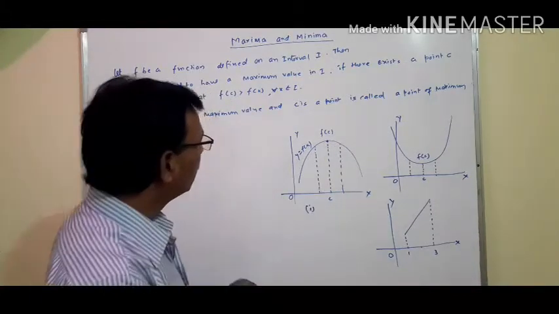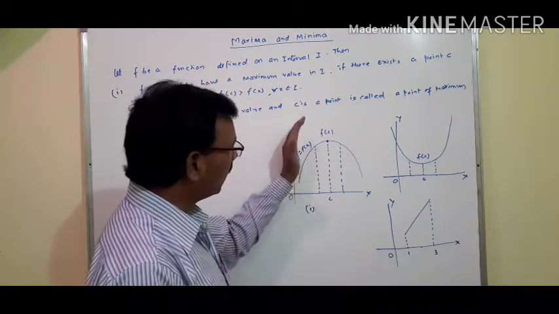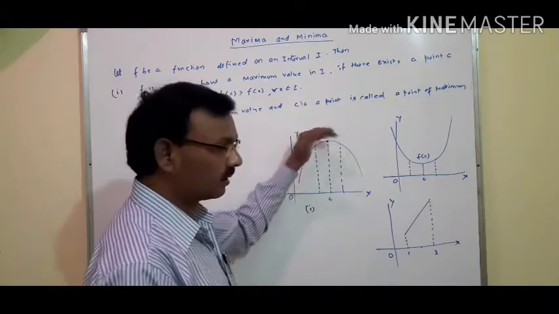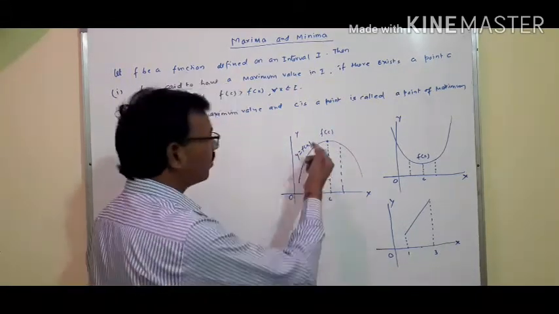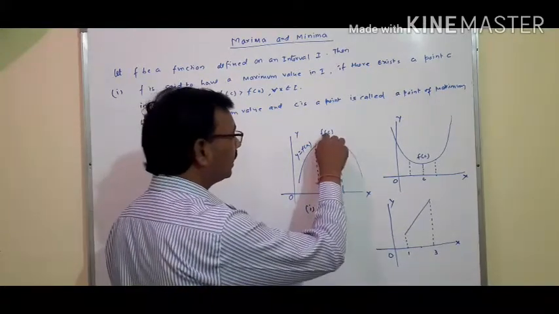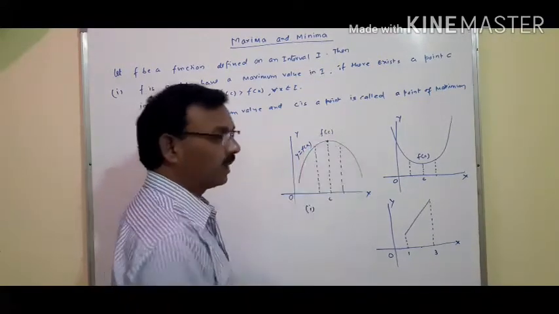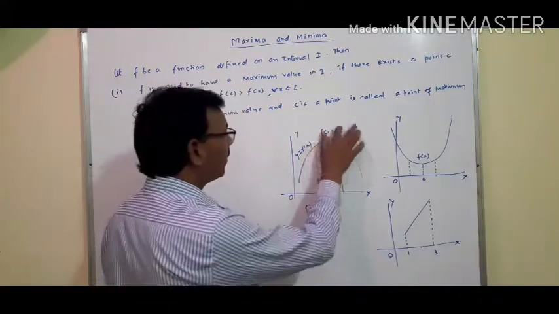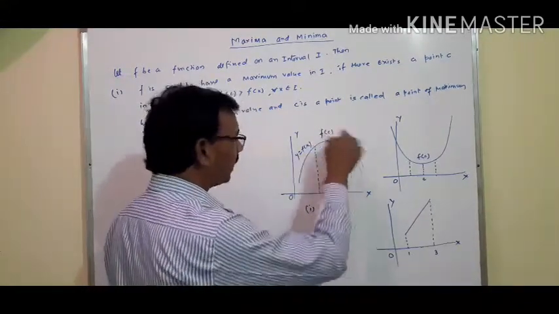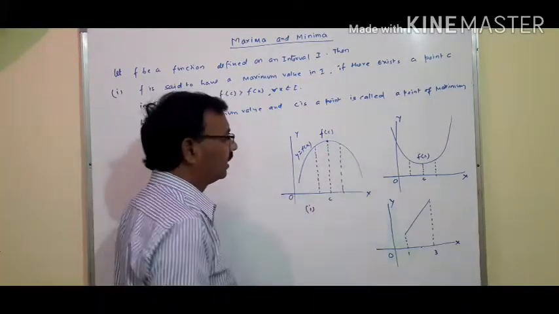That means from 0 in the positive direction the function increases, but at the point C its value is maximum, denoted by f of C, and again the value of the function decreases.